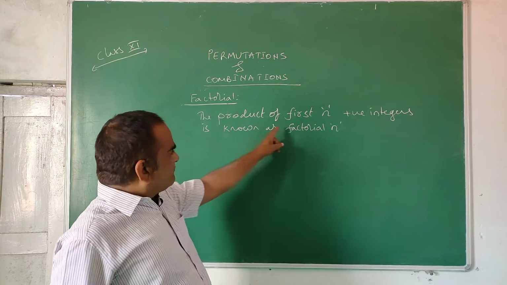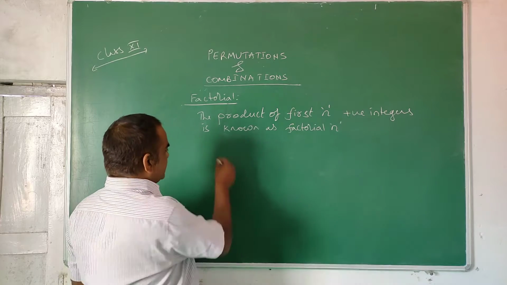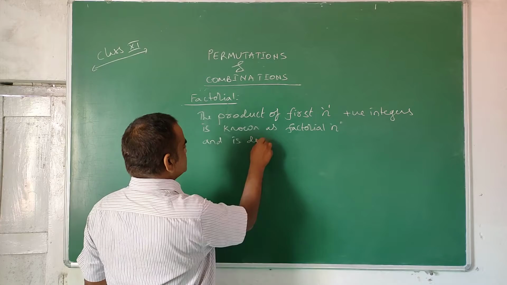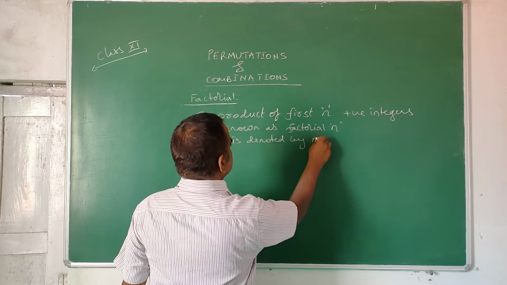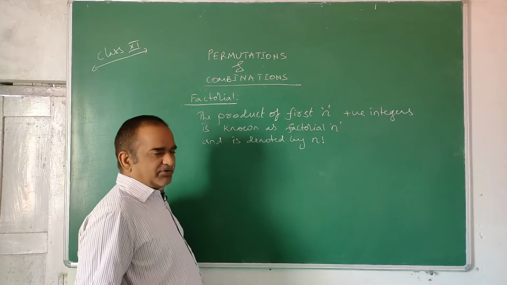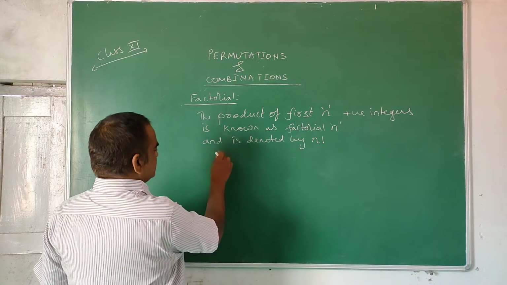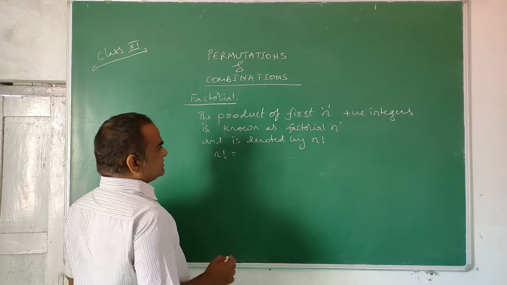The product of first n positive integers is known as factorial n and is denoted by n factorial. Understood?